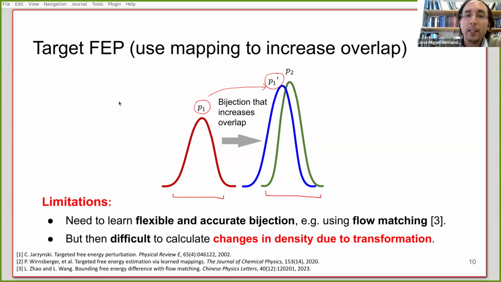Typically, you want a transformation that is flexible enough, and you typically want to learn that from data, and one technique is to use flow matching for this. And flow matching or a continuous normalizing flow is more or less the same thing.